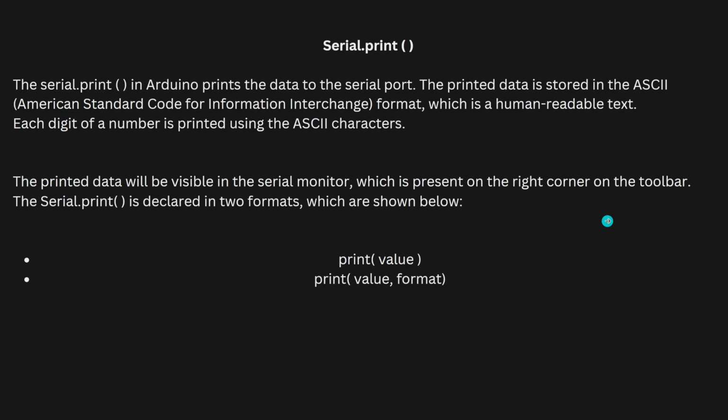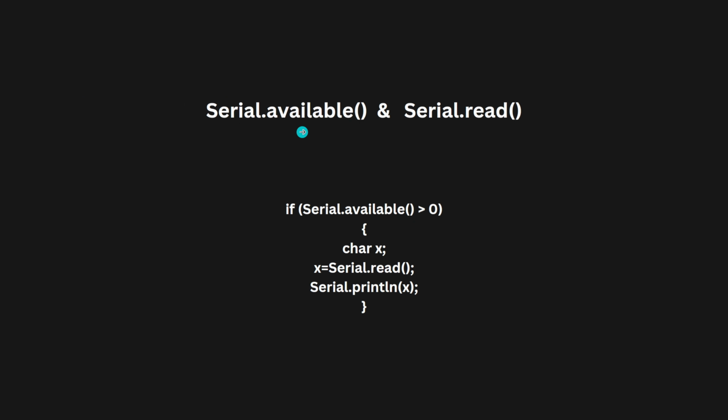So going back to the presentation again, you have serial available and serial read. Now to use serial read, you need to know how to use serial available as well. What serial available is doing is checking if there is some data available from your end or not.